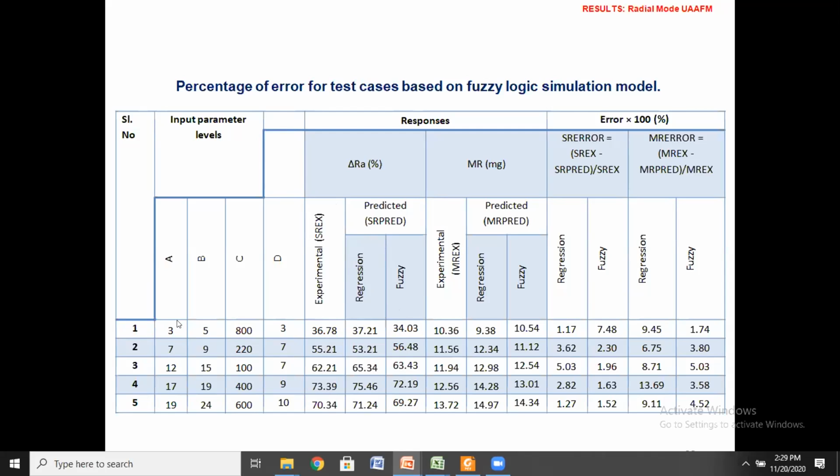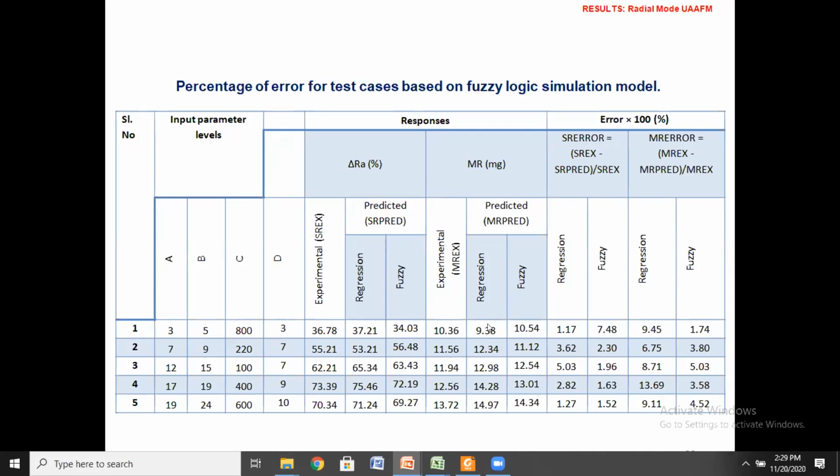There also, if you enter these particular values, you will get certain information about your surface finish and MRR, and you now calculate the error, right? So the error for regression, the error for fuzzy, for surface finish as well as for MRR.